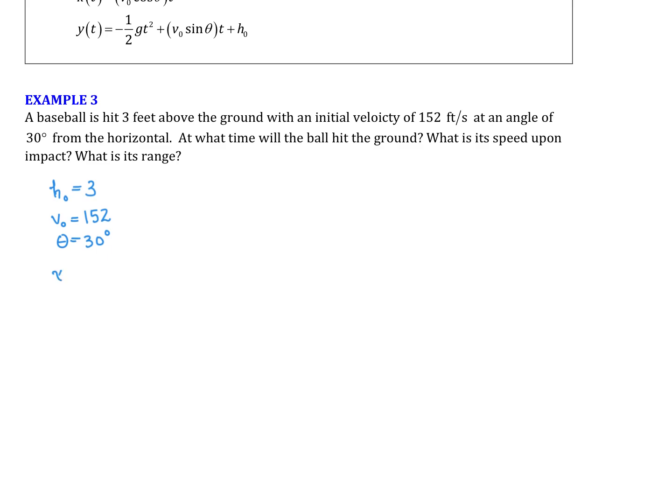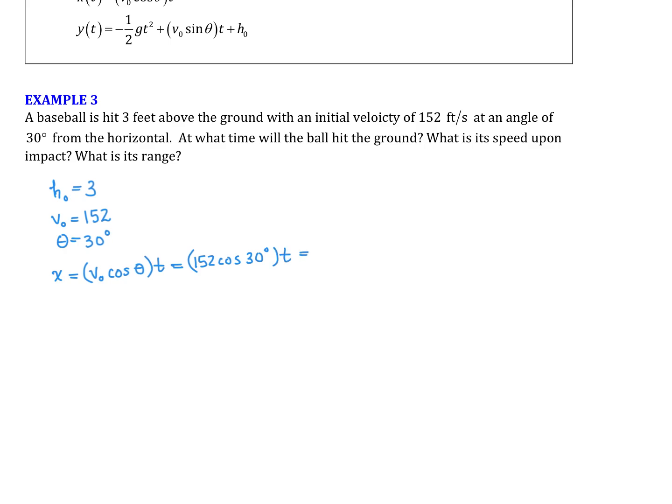So let's go ahead and write our equations. v naught cosine theta t is going to become v naught is 152 cosine of 30 degrees, and that's times t.